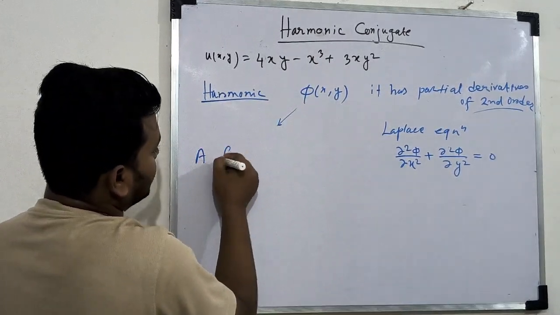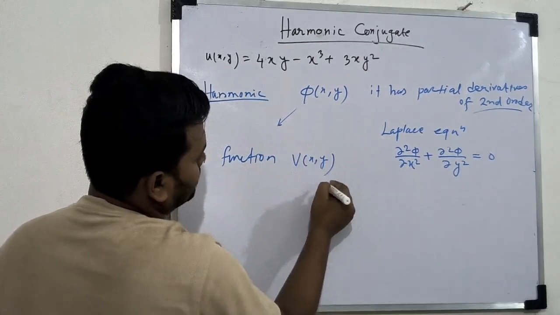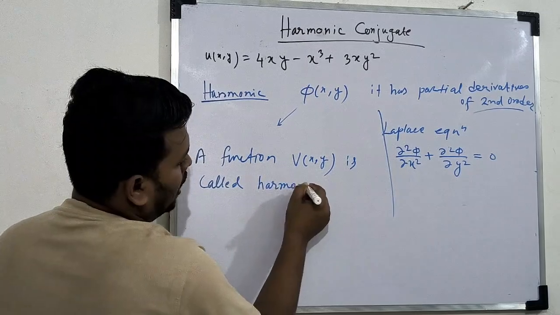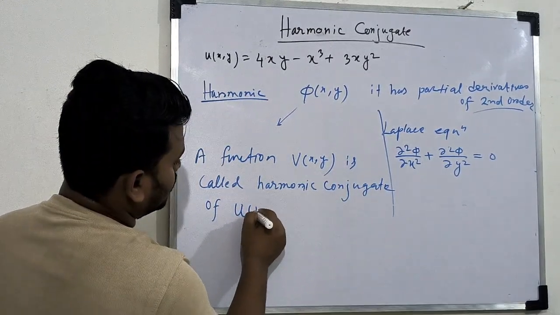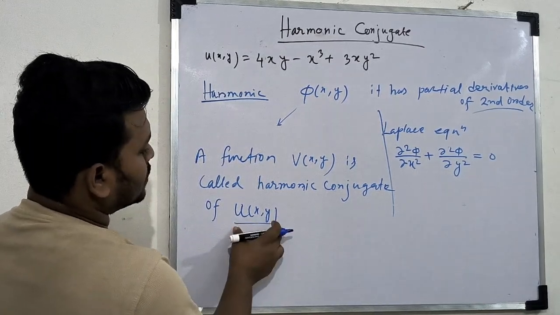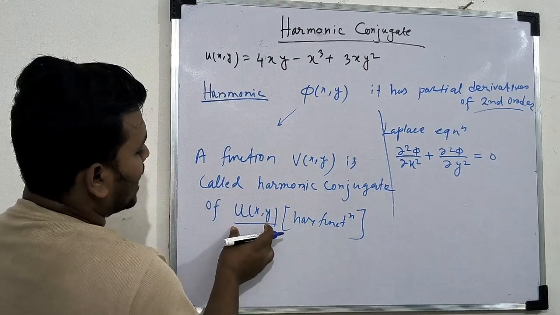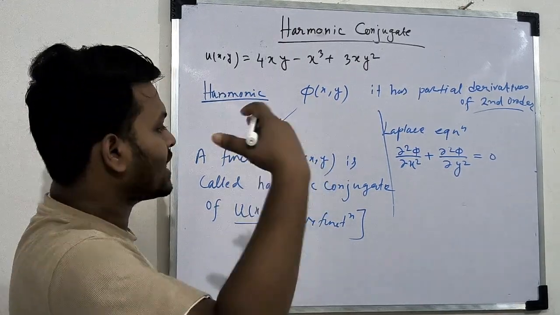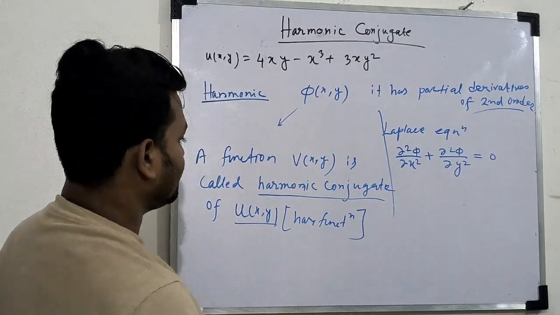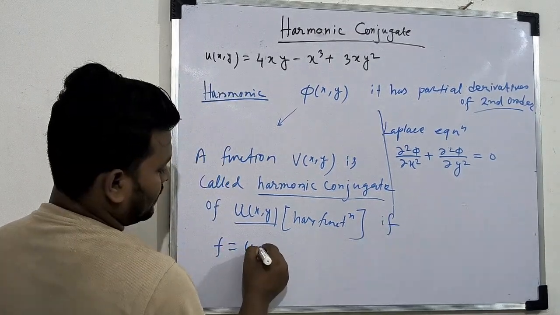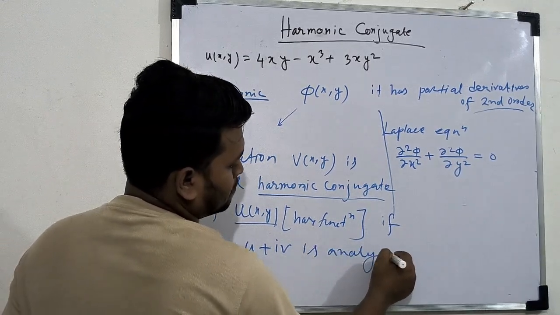A function v of x, y is called a harmonic conjugate of the harmonic function u of x, y. If u is a harmonic function, then there exists a harmonic conjugate function of it, if f equal to u plus iv is analytic.